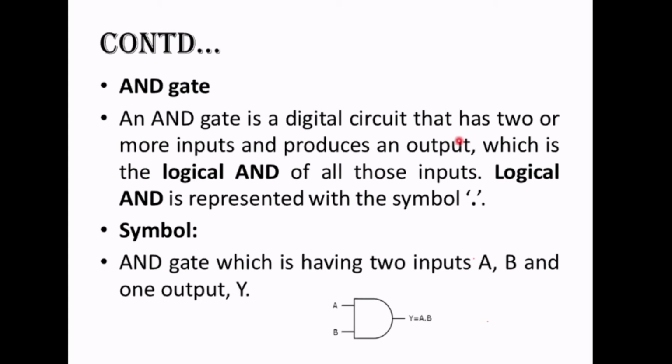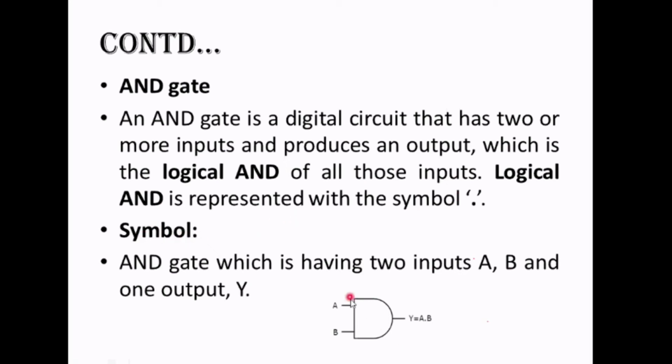Minimum 2 or many inputs can be presented to your logical AND gate, and it will produce exactly one output, which is the logical AND of all those inputs. Understood?